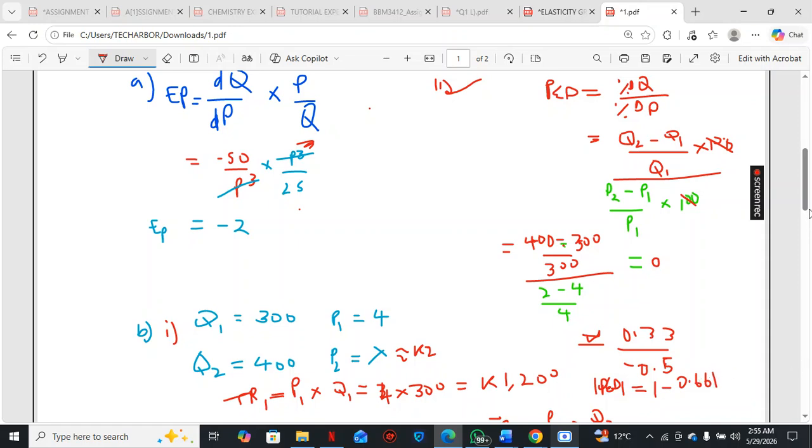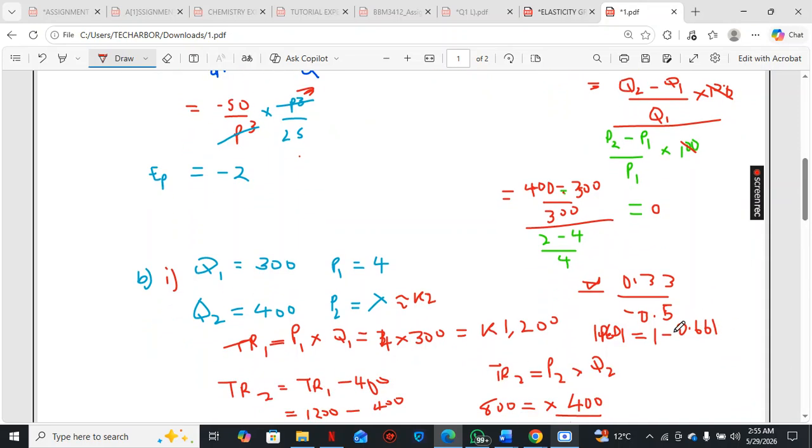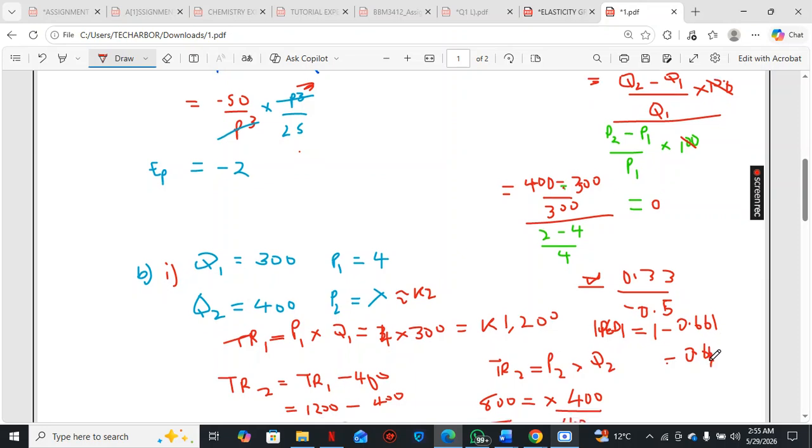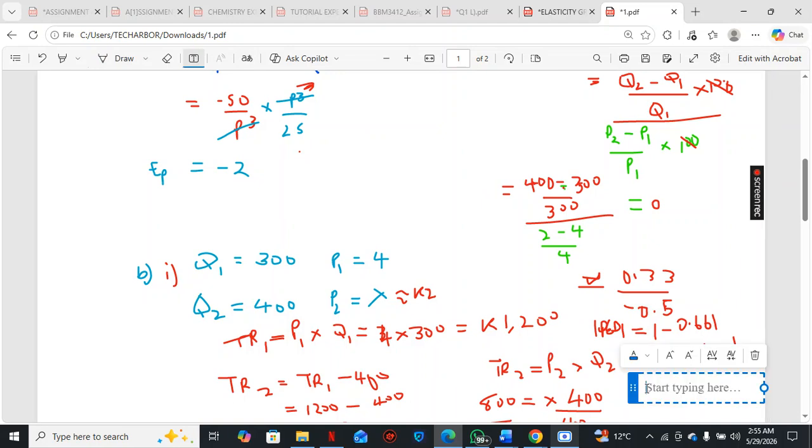So the absolute value here is 0.66, and since this 0.66 is less than 1, demand is inelastic.